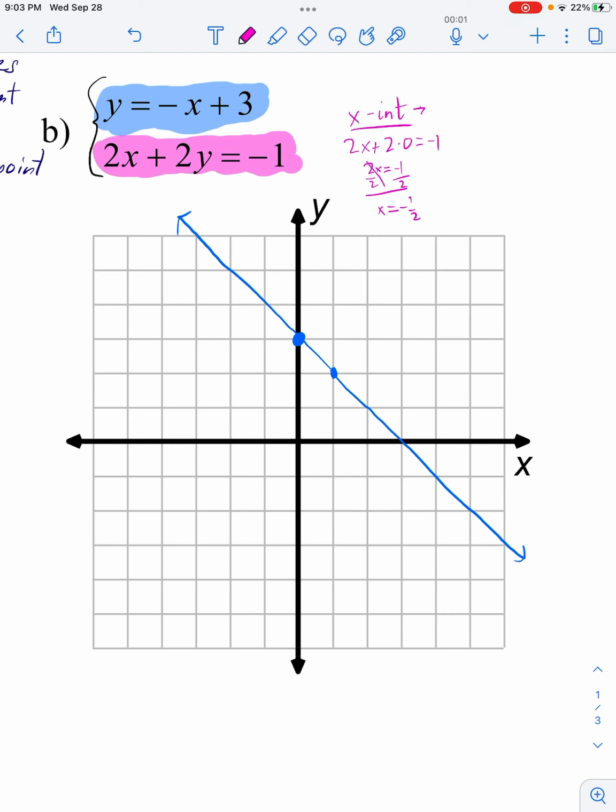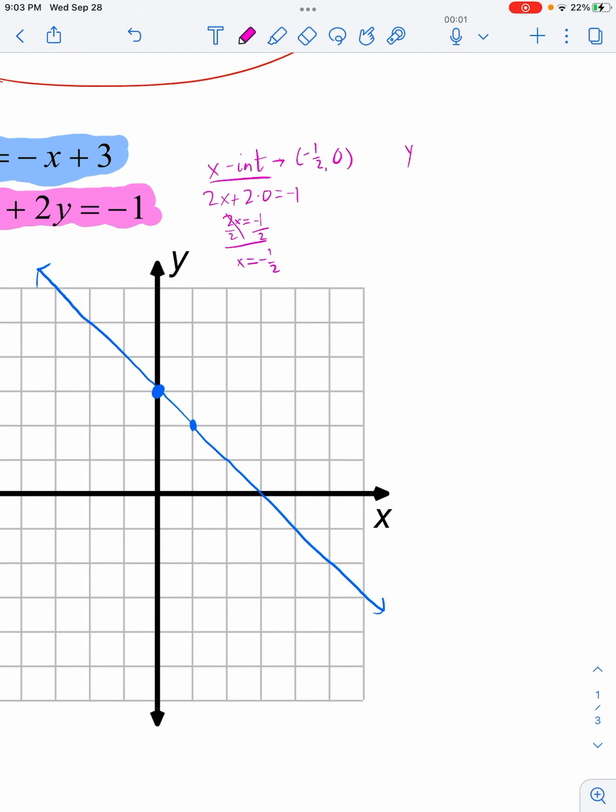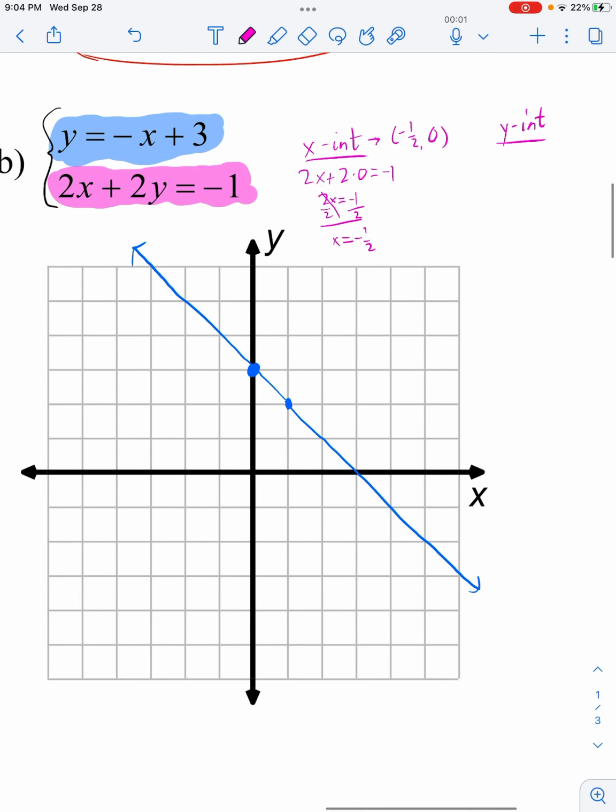So my x-intercept is -1/2, 0. And then my y-intercept, that means I plug in 0 for x, so 2 times 0 plus 2y equals -1, or just 2y equals -1. Divide by 2, I get y equals -1/2. So my y-intercept is 0, -1/2.